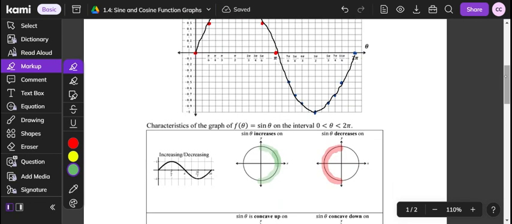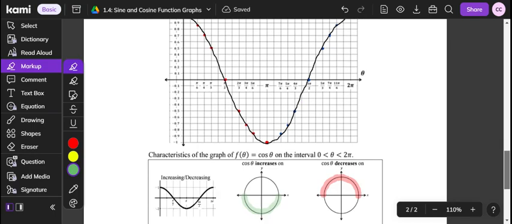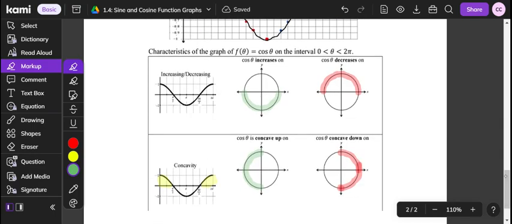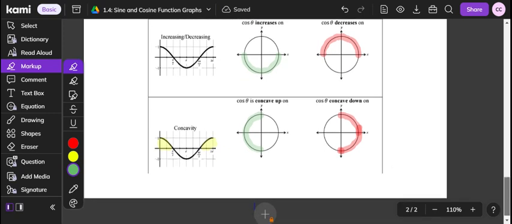Wherever sine is increasing and decreasing, that's where cosine is oppositely concave. So it is concave up where sine is decreasing, and it is concave down where sine is increasing. Okay, so there's some patterns there that we can kind of see. For now, that's it for this lesson. We will make more connections between sine and cosine in the next video.